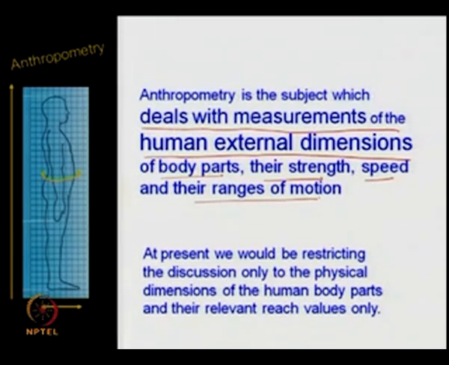At present, we will restrict our discussion only to the physical dimensions of human body parts and their relevant reach values. We are not going to discuss the strength, body speed and range of motion of the body parts in this module.